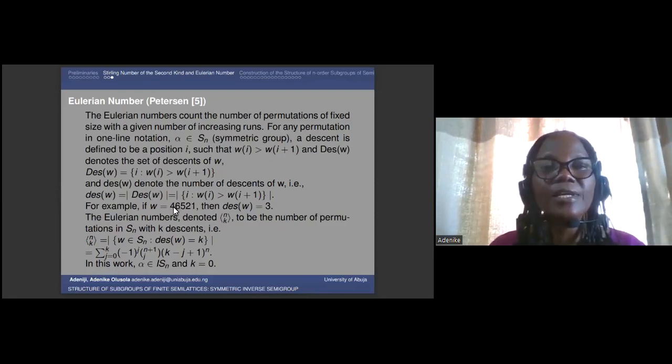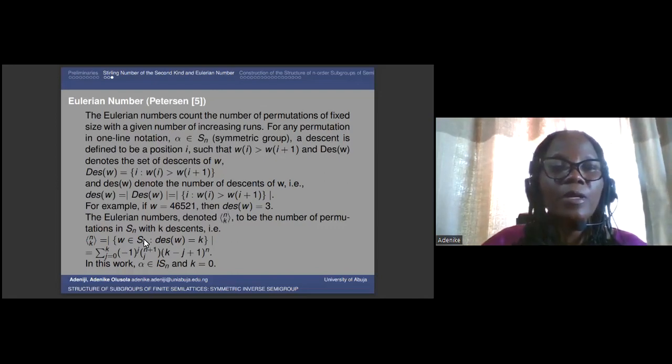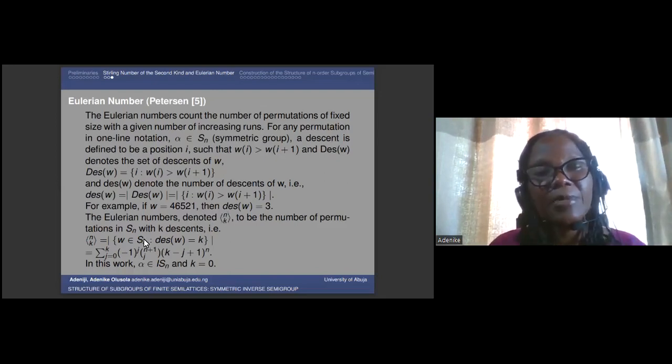So look at this example now. If we let W be an element, you can see that the number of descents here is 3, because we have 6, 5, then 5, 2, and then 2, 1. So we use this to denote Eulerian numbers. Now, here we are using Eulerian numbers in the symmetric inverse semigroup.